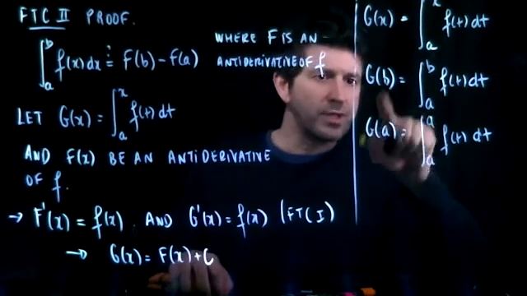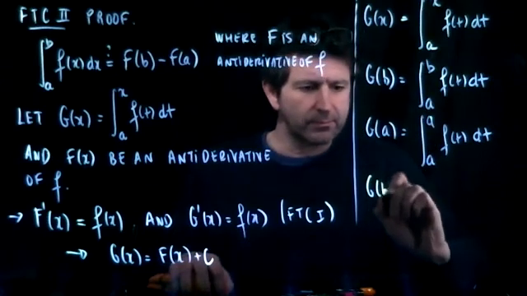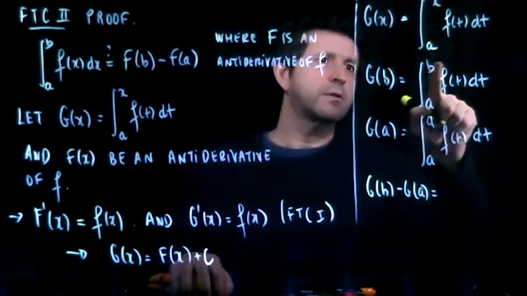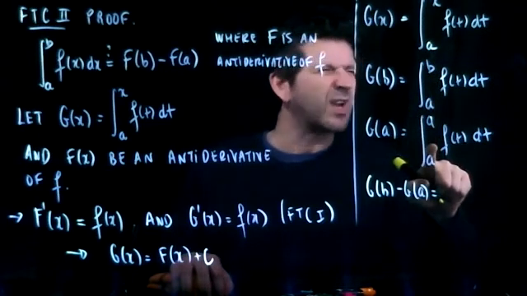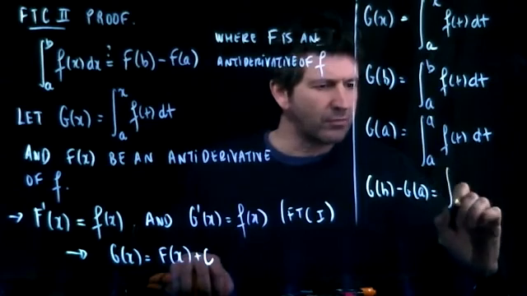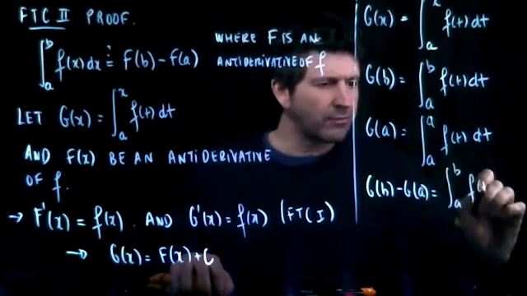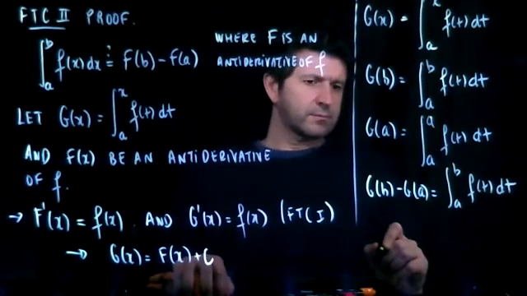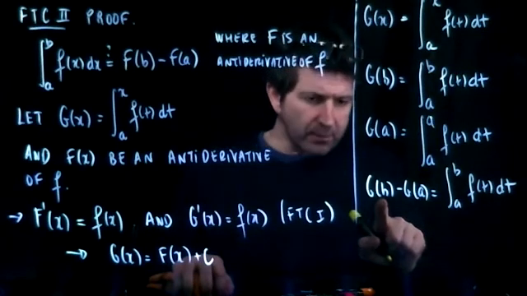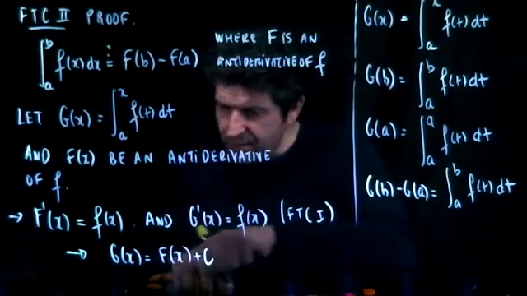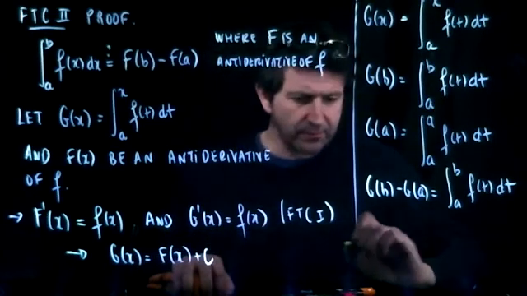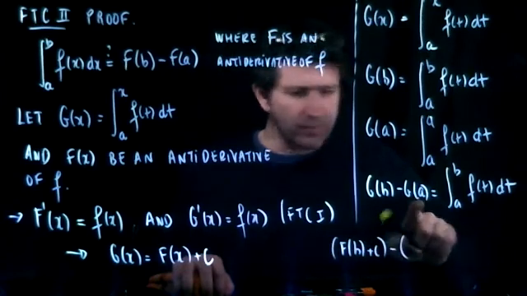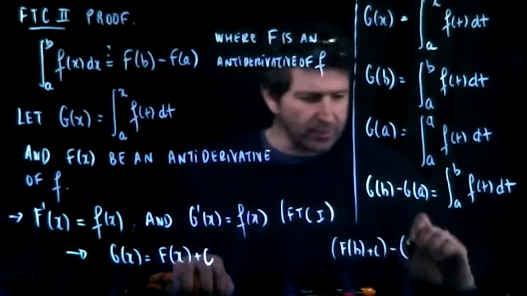So G of b minus G of a is this area minus this area, which is just the area from a to b, f of t dt. But G of b we said was F of b plus c, minus G of a, which will be F of a plus c.